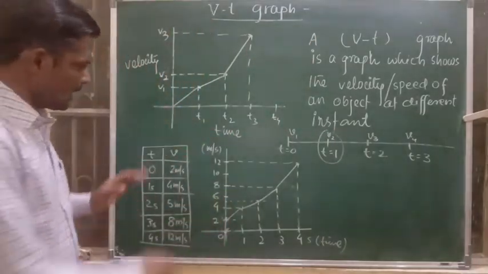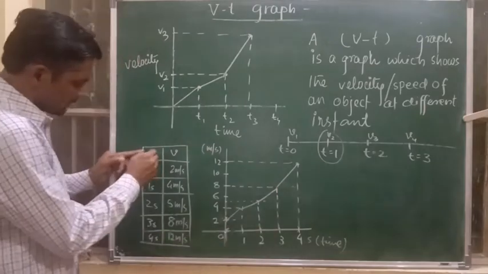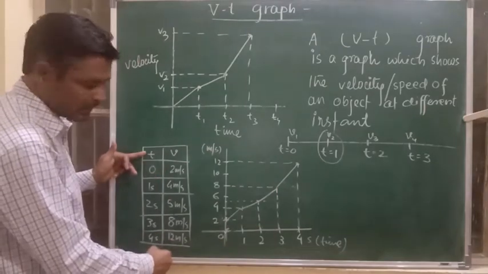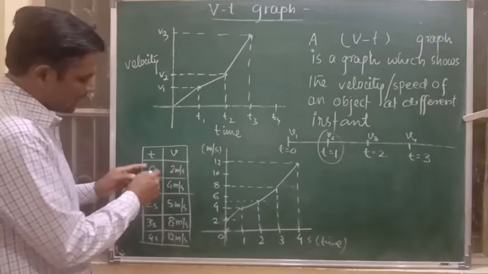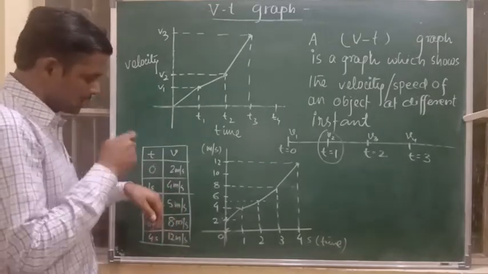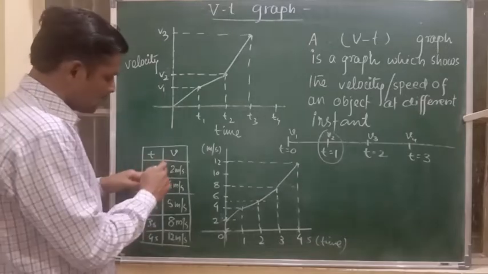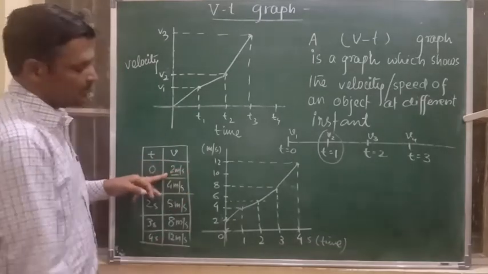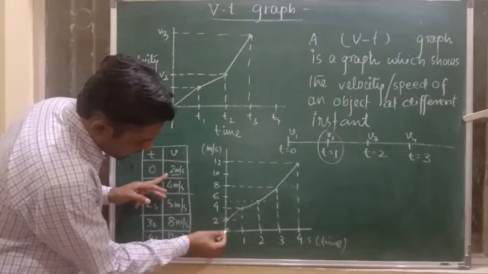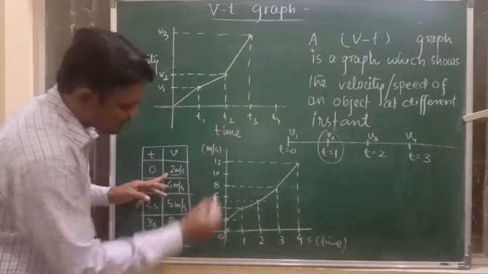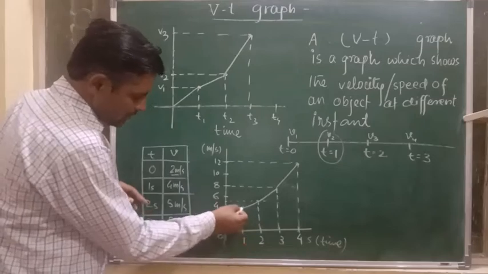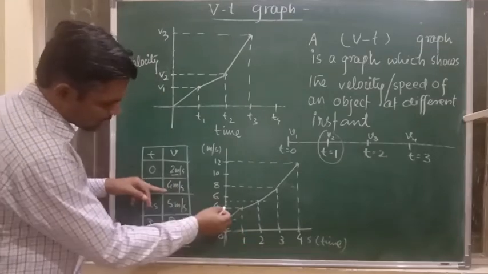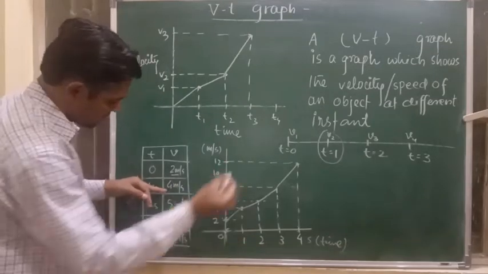As an example, I have taken different times, different instants, at which you have recorded the velocities. At the time when your time starts, that is at the starting point, velocity is 2 meters per second. So when time is 0, the velocity is 2 meters per second. When time is 1 second, its velocity is 4 meters per second, and the point is this.